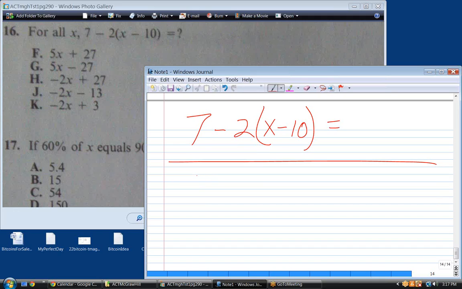What's the next line in this expression? 7 minus 2x plus 10. Simplify that. Would it be negative 2x plus 10?